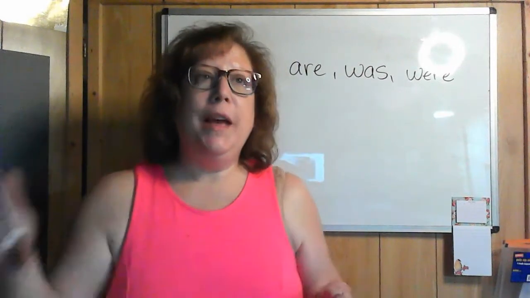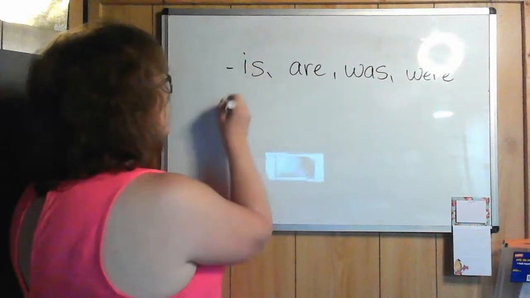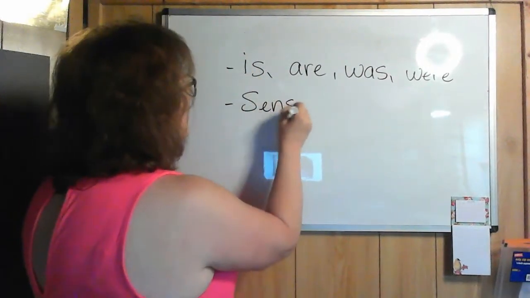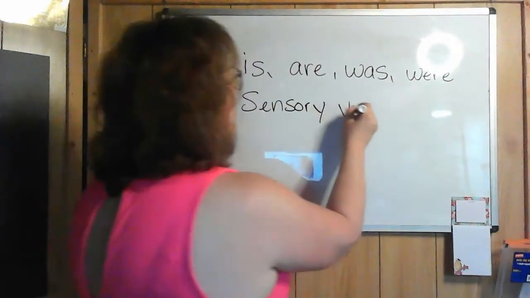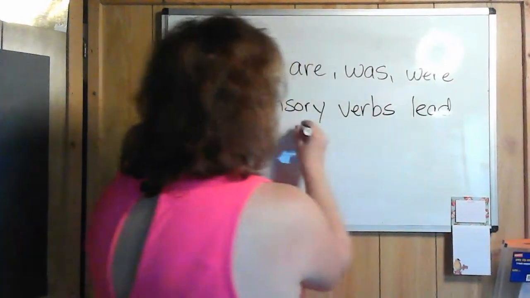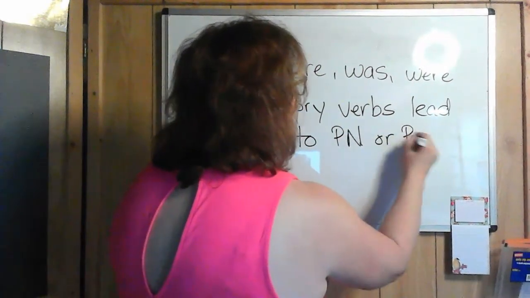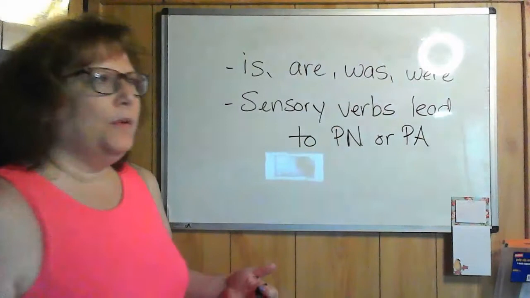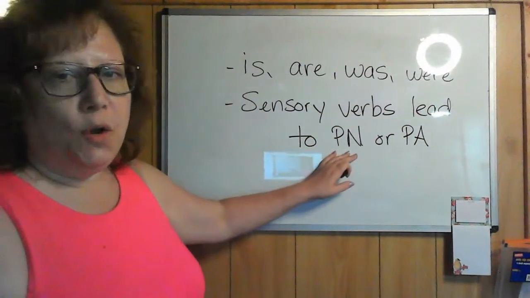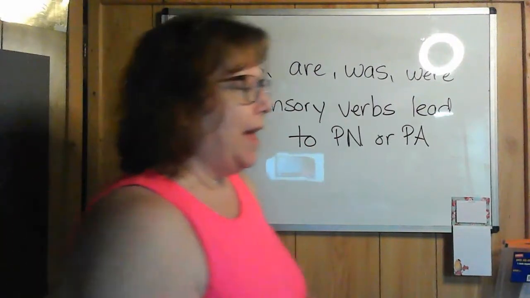So we have to remember that those sensory verbs can also lead us to the predicate nominative or adjective. And you can label them like that. So if anywhere you have to label on your homework, you can put PN or PA. You do not have to write the whole thing out.